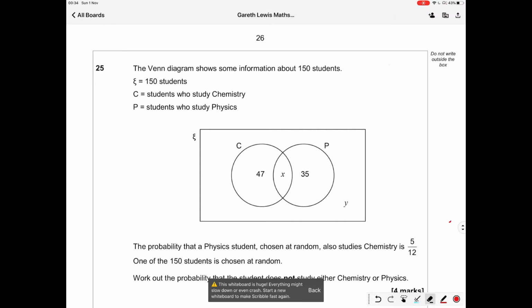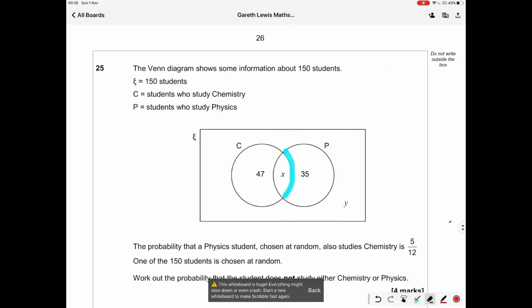is 5 over 12. So if we know they're a physics student, it means they're in the circle on the right hand side, because that's the circle for all the physics students. And the students in that circle are divided into two categories.